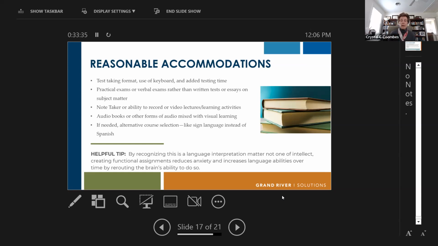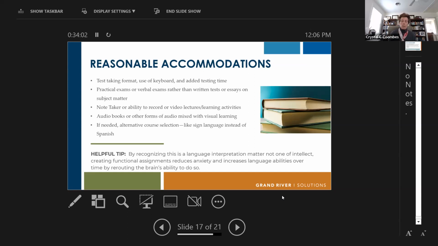And if needed, and I want to really make sure we understand what this means, because it isn't, "I don't like Crystal as my professor, so I want an alternative class." That's not what we're talking about. When we look at assigning an alternative course selection in the ADA 504 world, it is because there is a documented disability that creates problems, often in sequencing.